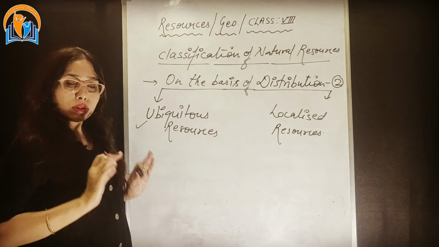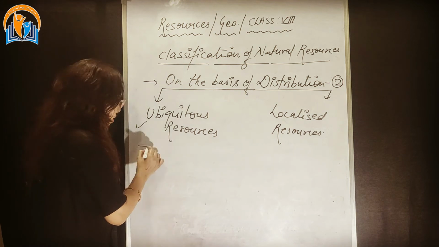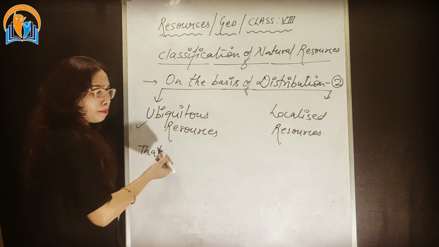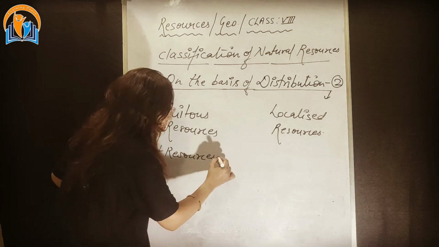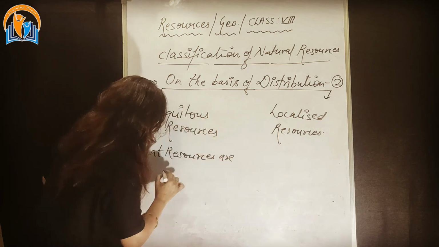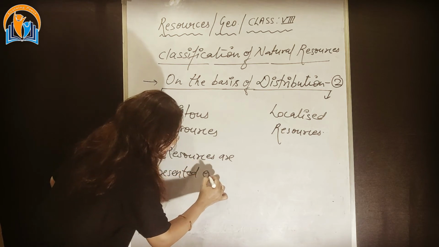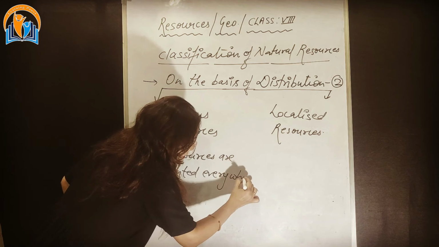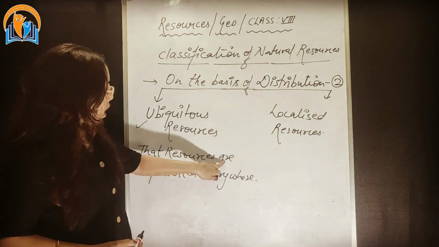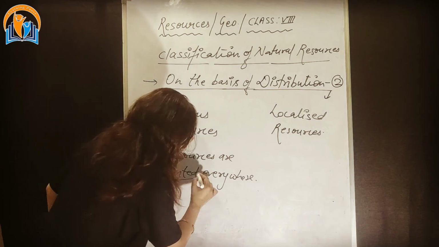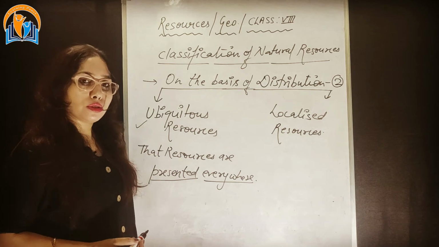So first of all, we talk about ubiquitous resources. Very simple, in a single sentence again. Okay, just take focus. Those resources that are present everywhere, underline, everywhere, are called ubiquitous resources.